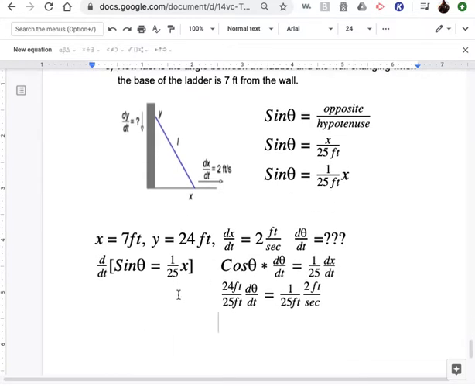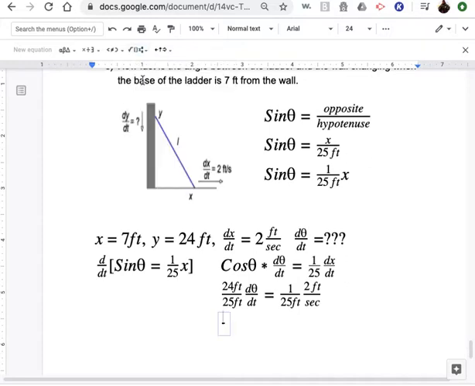So to simplify this from here, all we're going to do is divide this fraction over to this side of the equation. And remember, when we divide fractions, that is equivalent to multiplying by a reciprocal.